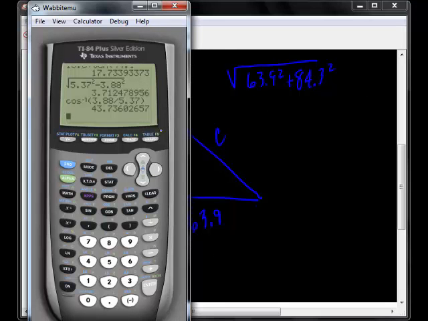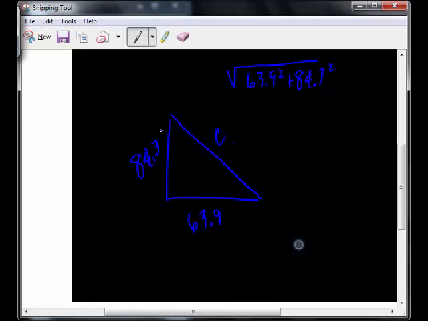Square root of 63.9 squared plus 84.3 squared is 106, 3 sig digs.